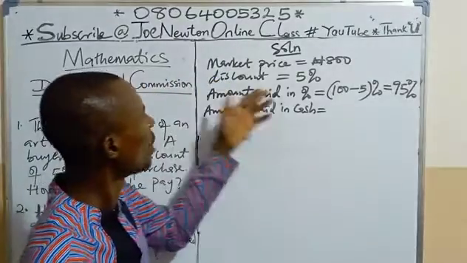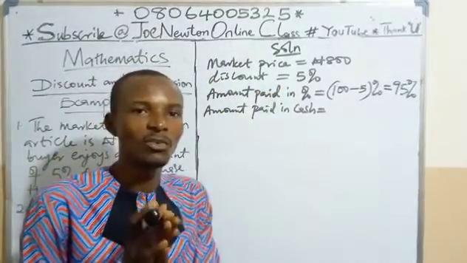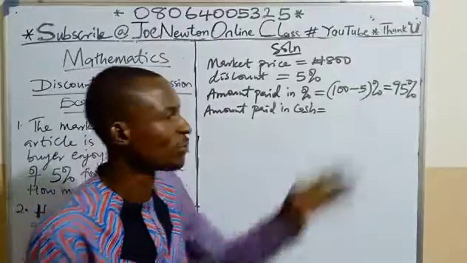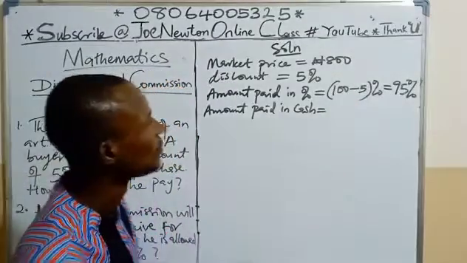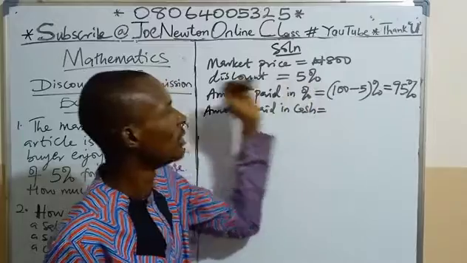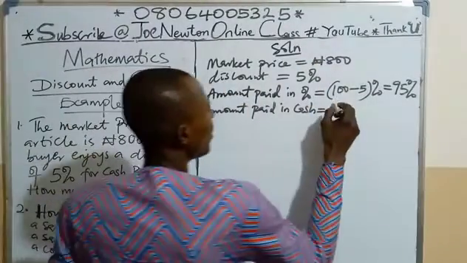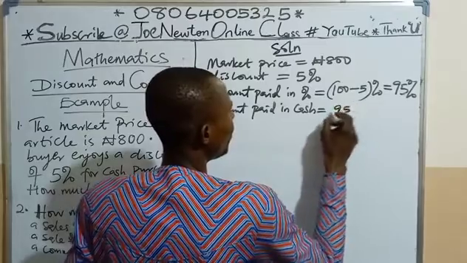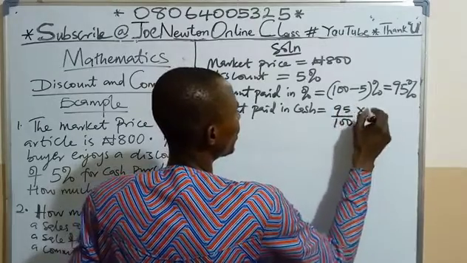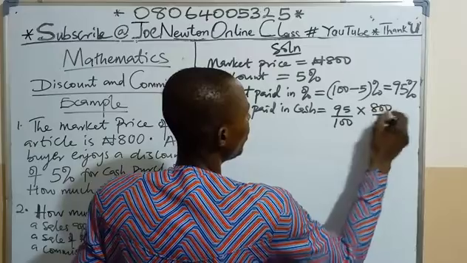So once 5% is discounted, the discount means the one deducted. That's why we do minus 5%. So the remnant, the buyer is paying 95% of the market price. So that is 95 over 100 times 800 over 1.